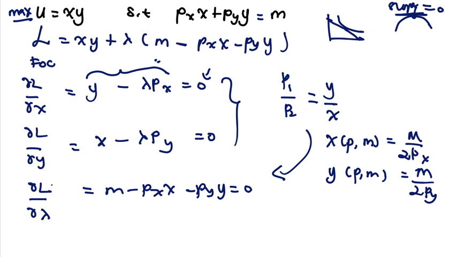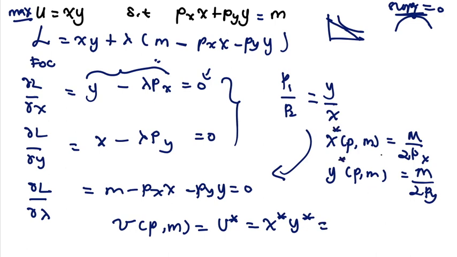Okay. Now, from here, we can have what we call the indirect utility function. The indirect utility function is a function of price and income, which is equivalent to U star, equivalent to x star, y star. And x star, y star here is this one, okay? So I can put star here, I can put star here.